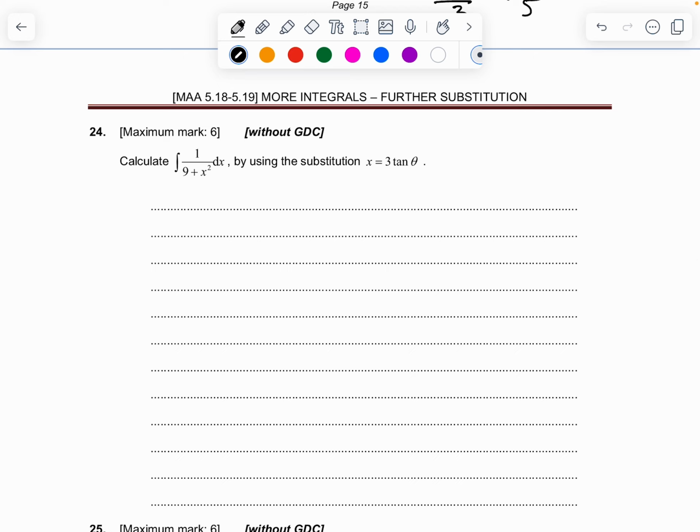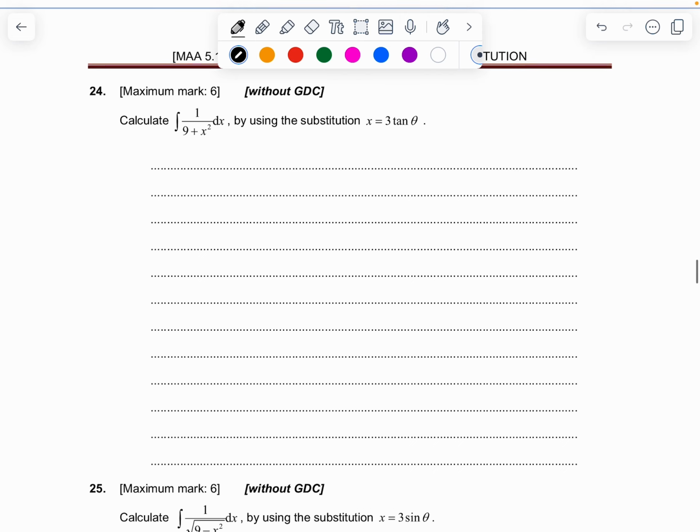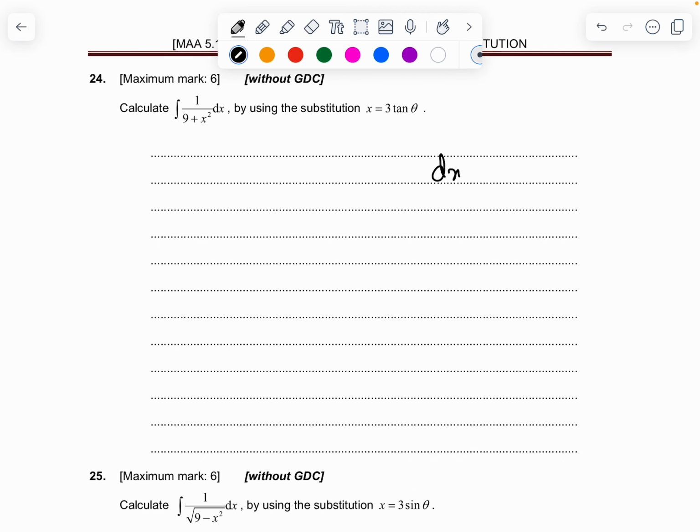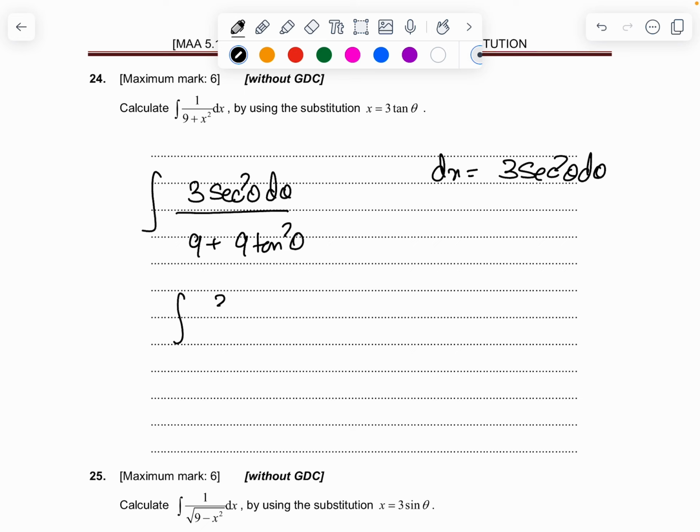Now coming to question number 24. x equals 3 tan theta. So dx equals 3 secant square theta d theta. So this will become 3 secant square theta d theta divided by 9 plus 9 tan square theta. So 3 secant square theta, 9 common, 1 plus tan square theta d theta.